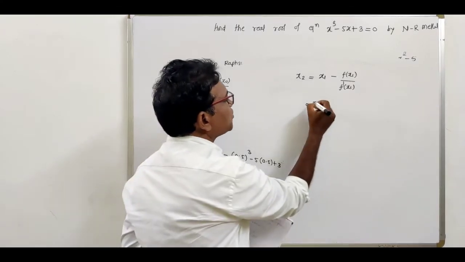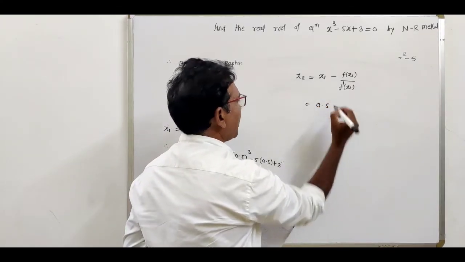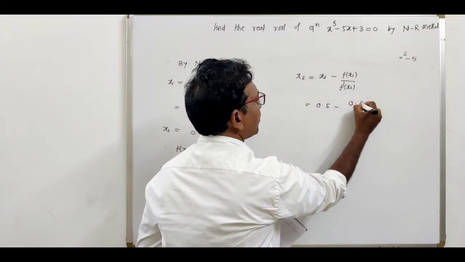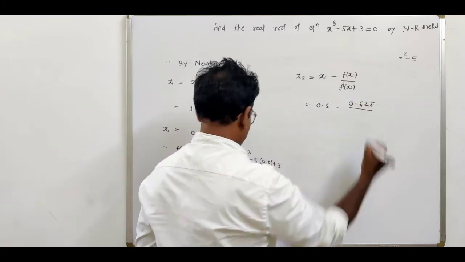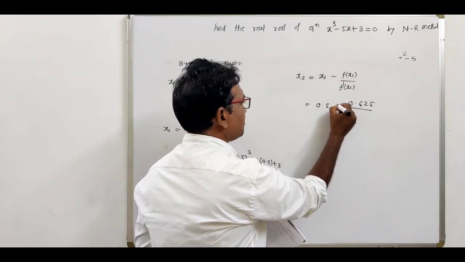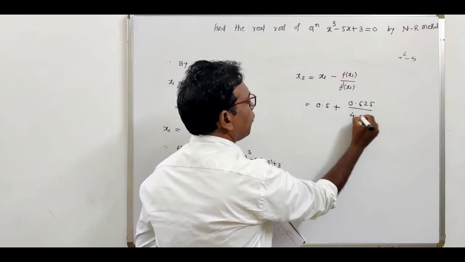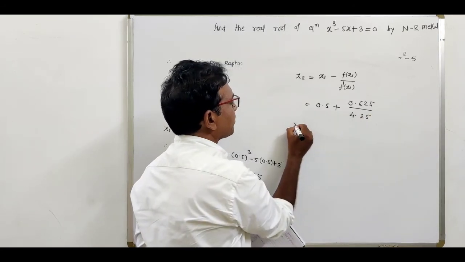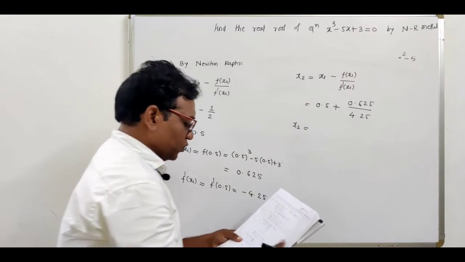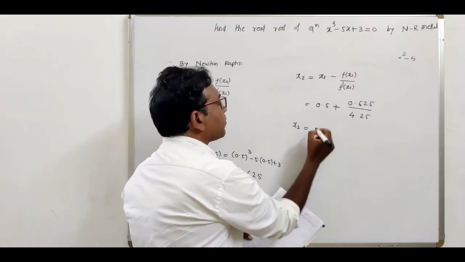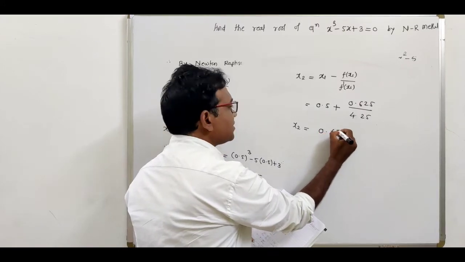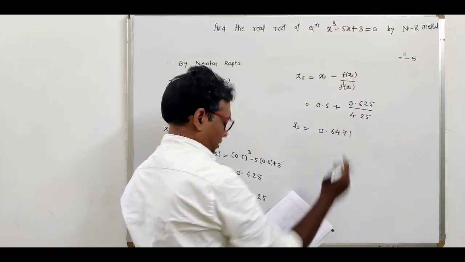Put the value of x1, this is 0.5 minus f of x1, this is 0.625, divided by f dash x1, this is minus 4.25, so minus minus becomes plus. So what is the value of x2? Up to 4 decimals, x2 is 0.6471.